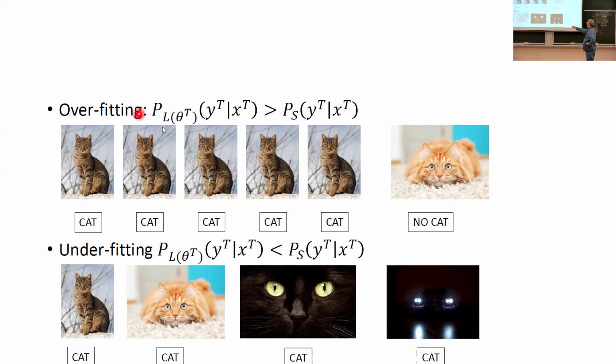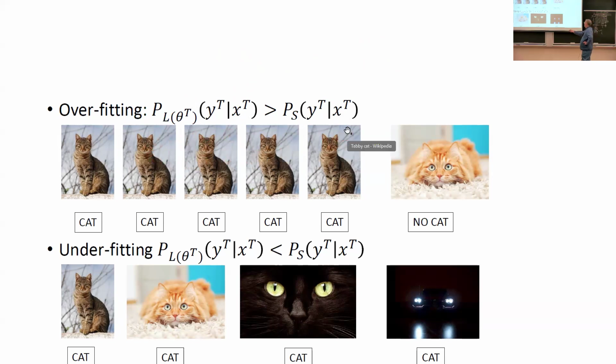If the model gives you a probability that's larger than the actual probability of nature, then you have overfitting. It means that there is not enough room to add a new picture with a different cat. All the probability weight is on this sequence.